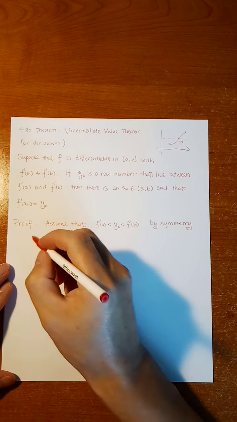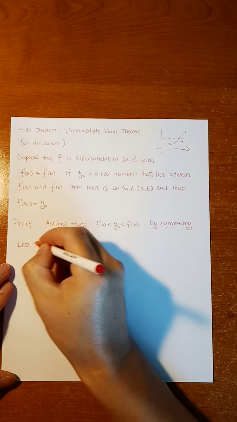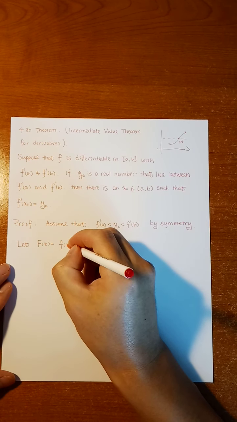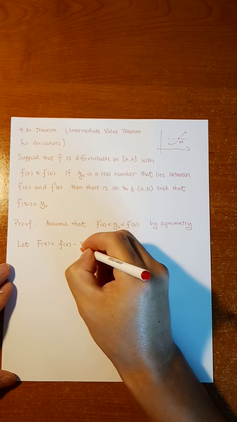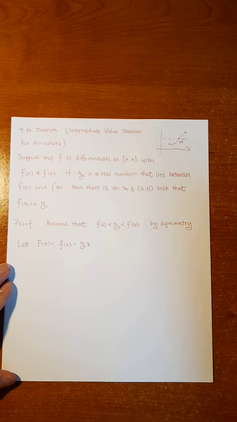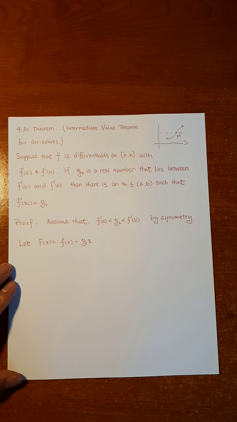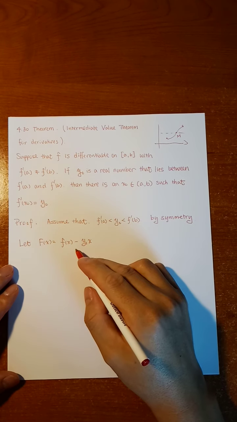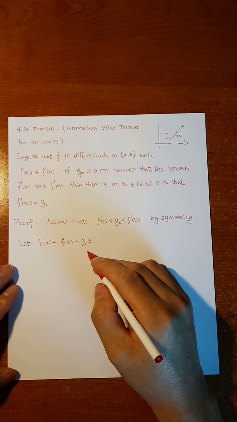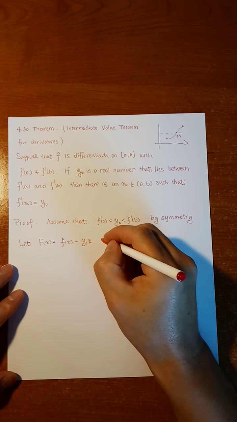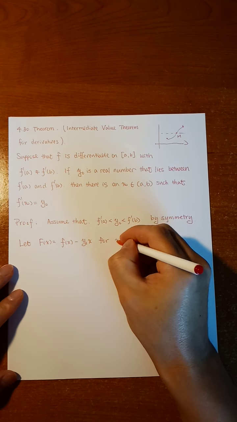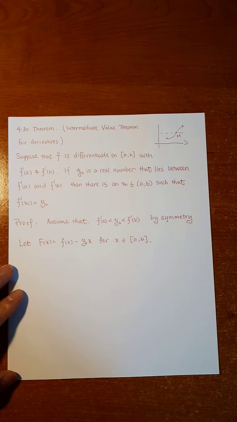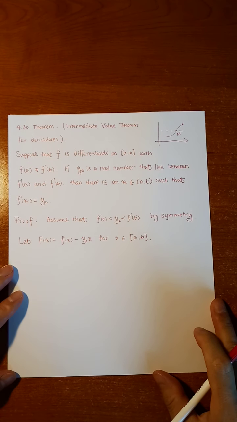Okay, let's see. Let capital F of x be little f of x minus y0 times x, for x in the closed interval [a, b].